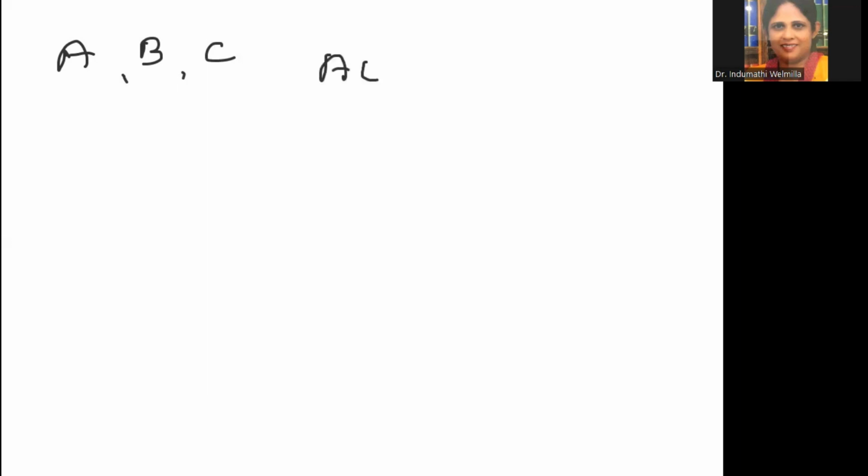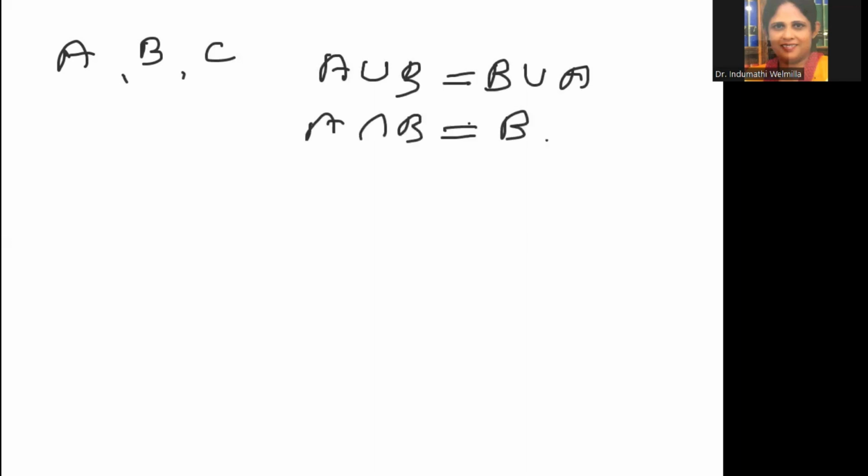According to the commutative property, A union B always equals B union A. And also A intersection B equals B intersection A, right? So when we consider A and B, and also when we consider 3 sets A, B, C, we can explain it according to the associative property.